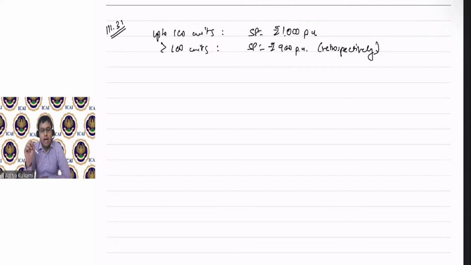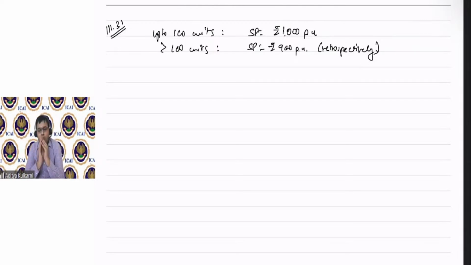Yes. I want you to tell me what is the variable consideration in this particular case. If I sell up to 100 units of product A, I am getting 1000. If I sell more than 100 units, my selling price will be 900 per unit retrospectively.